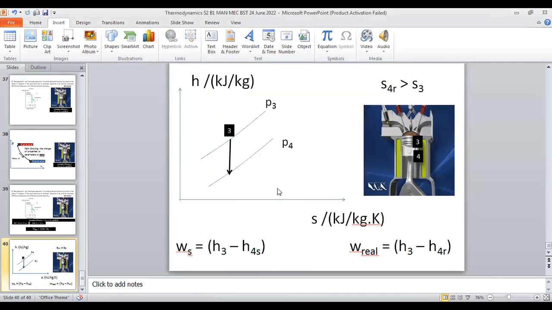Like this. So for isentropic, use S. 4S is here.